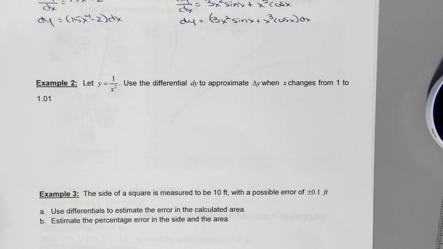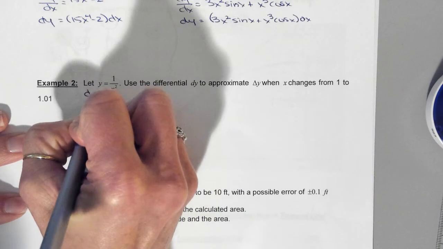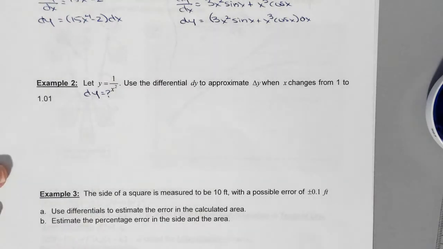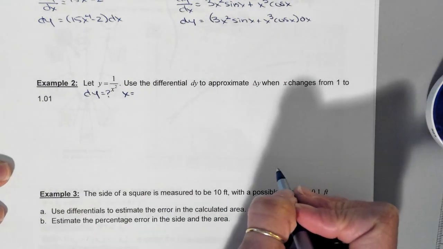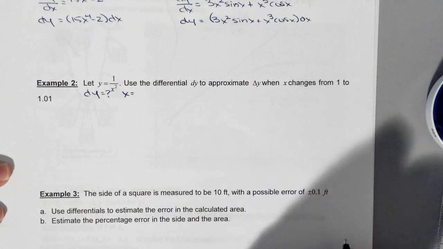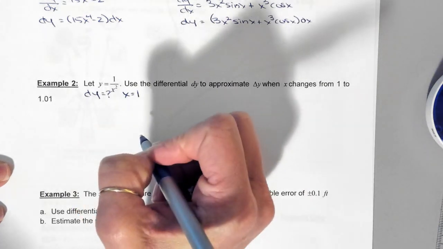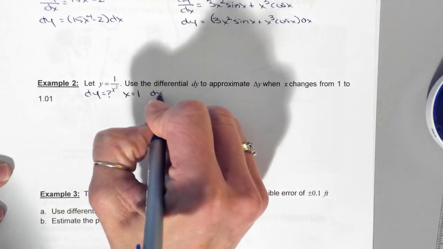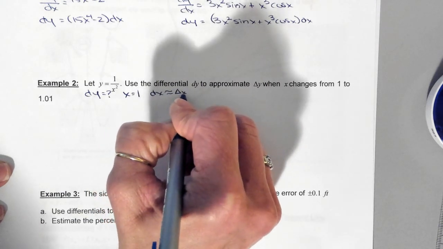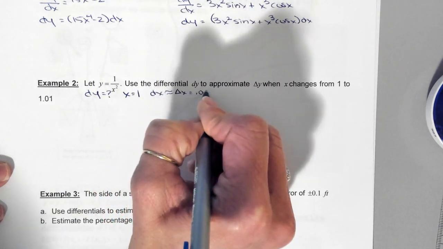They've given us a few pieces of information, and they also give us the function. First of all, they want us to find dy. This is our unknown. Do they give us x? Yes, it's 1. What does it mean when it says that x changes from 1 to 1.01? They gave us dx, the approximate change in x, which is 0.01. Agree?